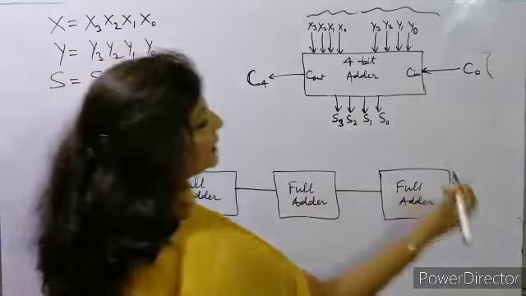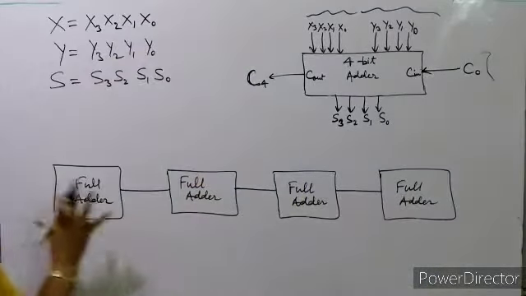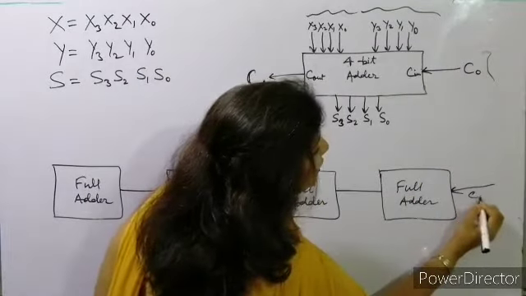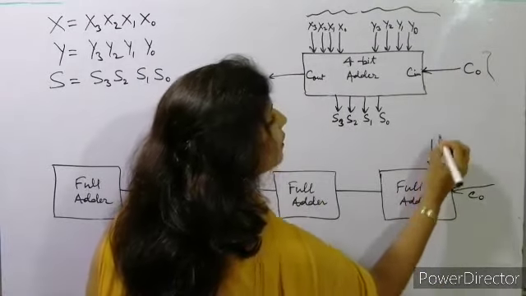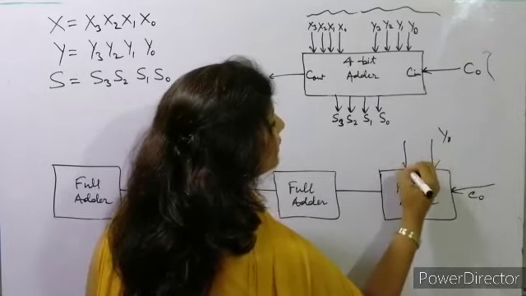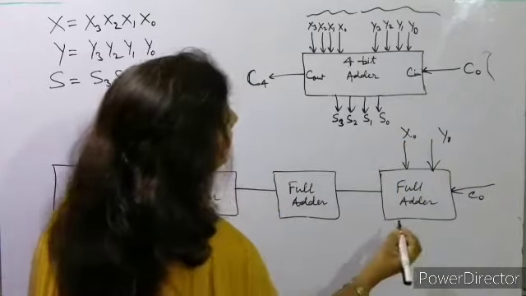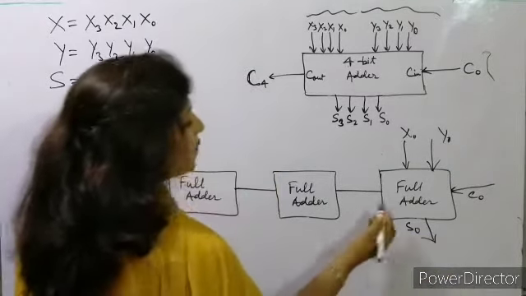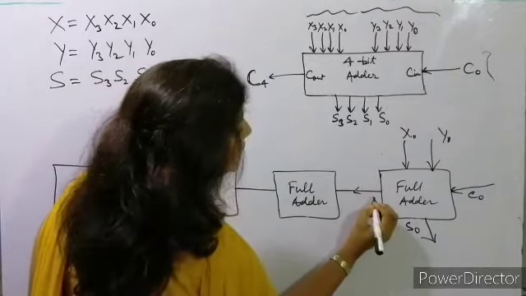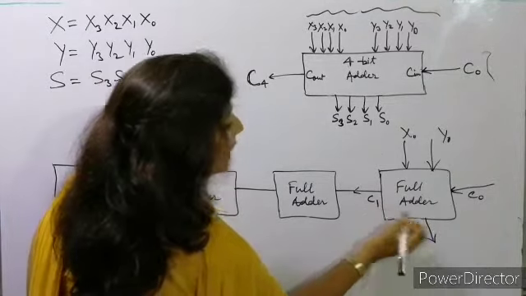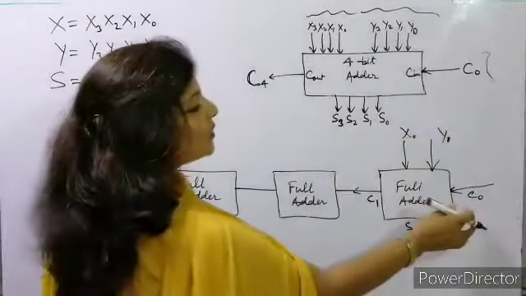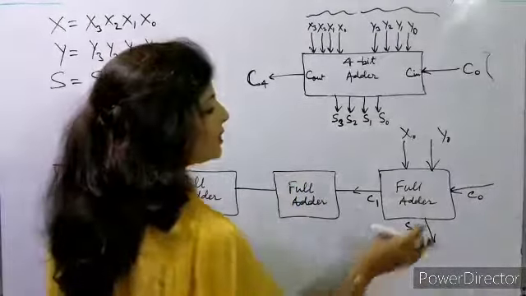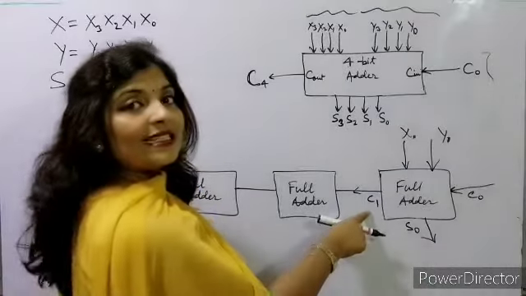There will be 4 full adders. The first has 3 inputs, this is c0, y0 and x0, and the output is s0. The other output will be c1, because we gave c0, y0 and x0 as input. So 3 inputs and 2 outputs, s0 and c1.